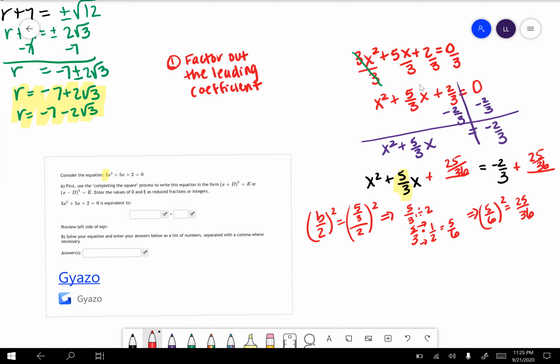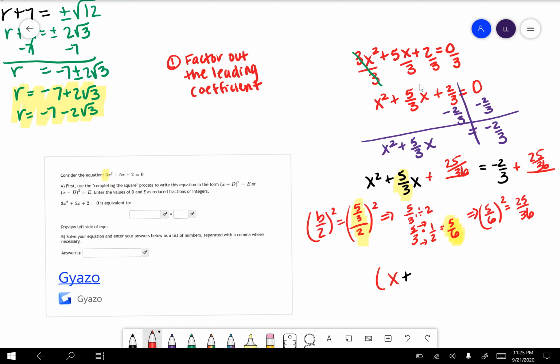So voila, we've created a perfect square trinomial. Let's go ahead and write the expression on the left-hand side that it factors into. So we have x, and remember, that b over 2 simplified to 5/6. So 5/6 is actually what goes inside the parentheses because this is positive, this is also going to be positive.